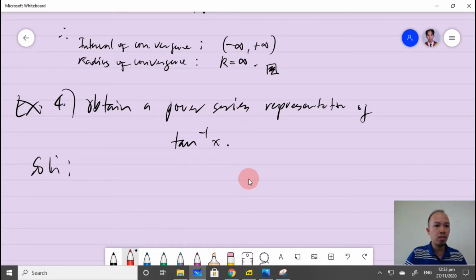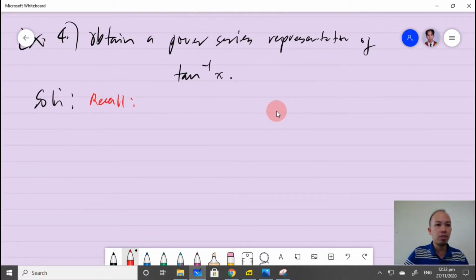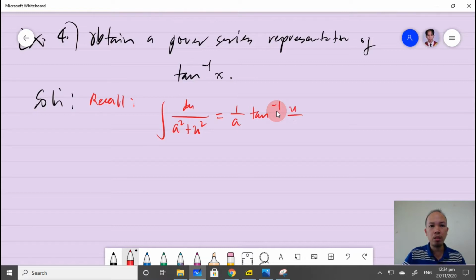Recall that in the integration formula, the integral of du over a squared plus u squared is equal to 1 over a times tangent inverse of u over a plus c.